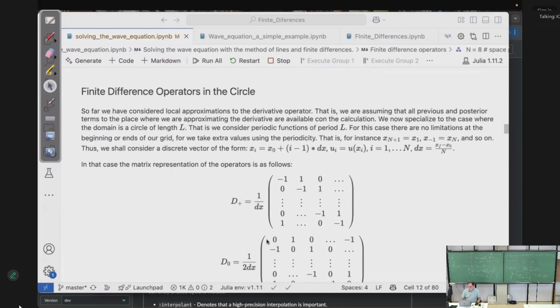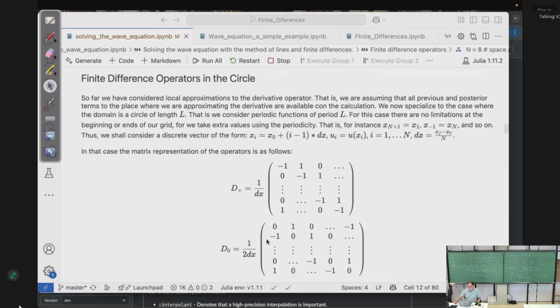So in the circle we can use just these operators, because in the circle with periodic boundary conditions we know that we always have available the neighbors. If I am the one in the point 1, I will use the point 2, and here it will be the same point as the end point. So this side is the point n.